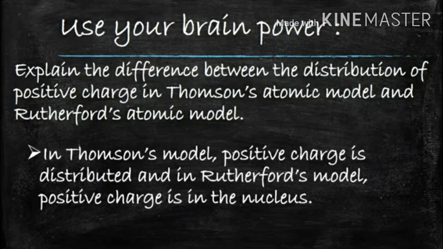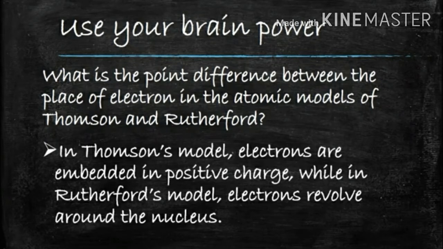Now next, explain the difference between the distribution of positive charge in Thomson's atomic model and Rutherford's atomic model. In Thomson's model, positive charge is distributed, and in Rutherford's model, positive charge is in the nucleus. Next, what is the difference between the place of electrons in the atomic model of Thomson and Rutherford?